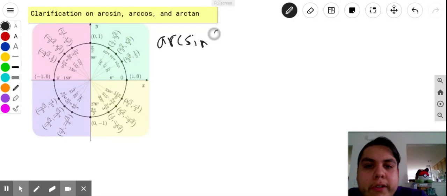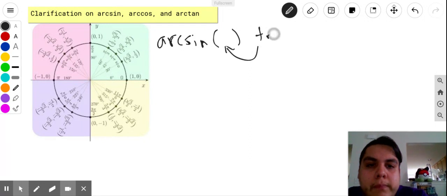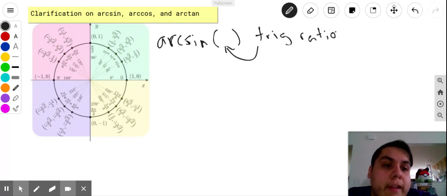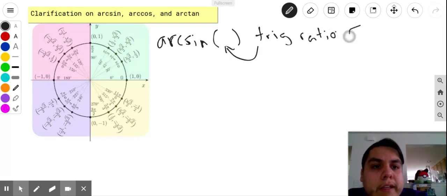Arcsine's input should be a trig ratio, which means that possible inputs range from -1 all the way to 1.